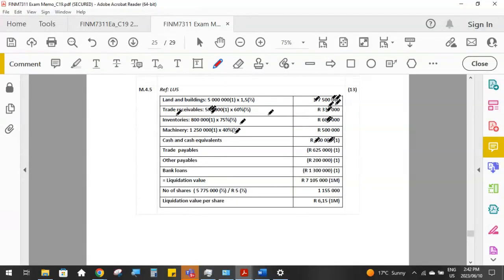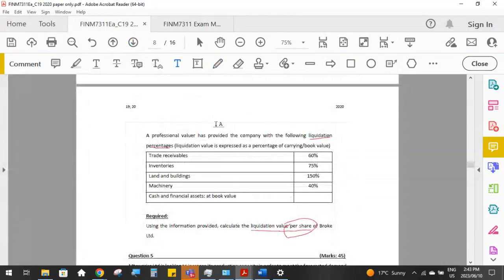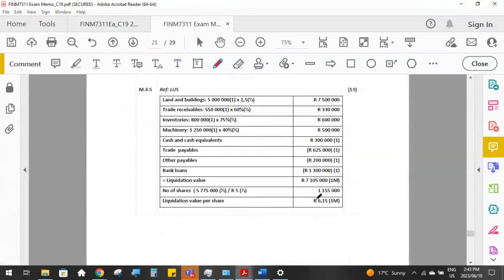Cash and cash equivalents will be exactly as per book value. Trade payables, did they give us a different percentage? Oh, they didn't. Sometimes they will give you a different percentage for your payables as well. In this case, our payables, other payables and bank loans are all as per book value.